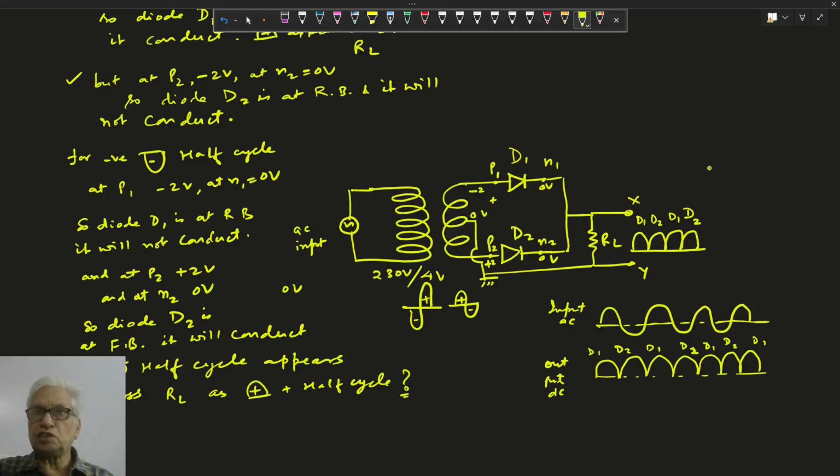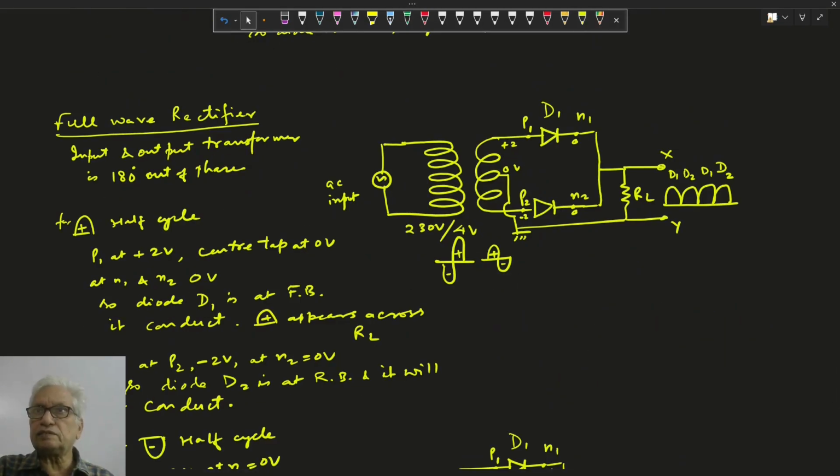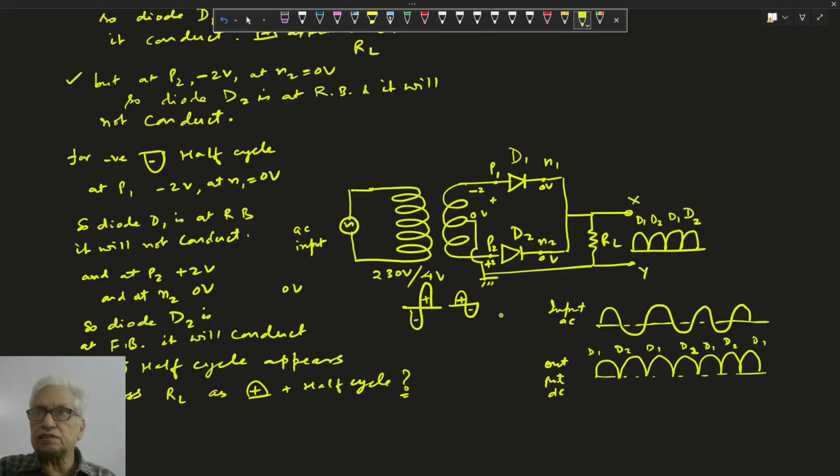Why? See, in the first case, the current is flowing like this, the direction of current from X to Y. In this case, current is flowing like this, and so here also current is flowing through the load resistance in the same direction.